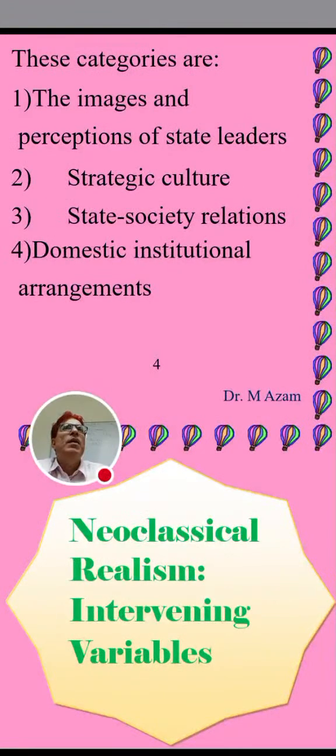Institutions at the top, there are three: the legislature, the executive, the judiciary. Then within the executive branch, there are several institutions. Even within the legislature and judiciary, they can be different institutions.